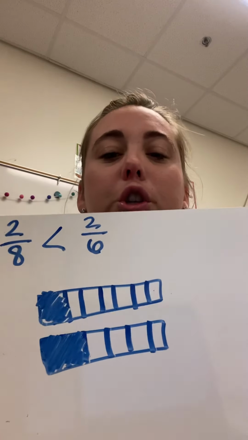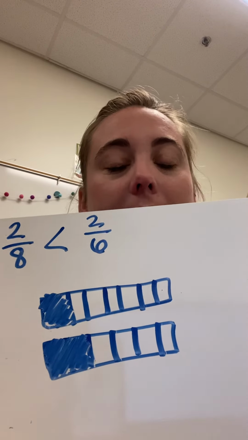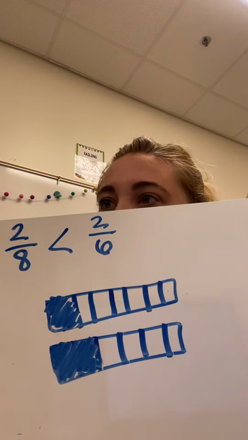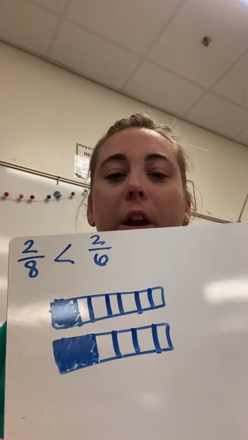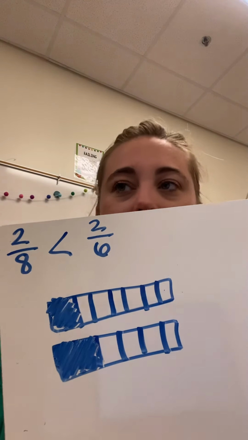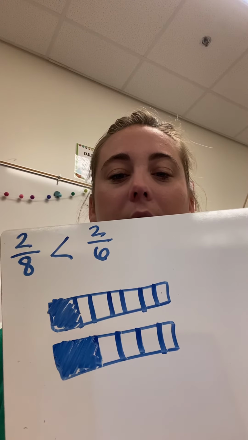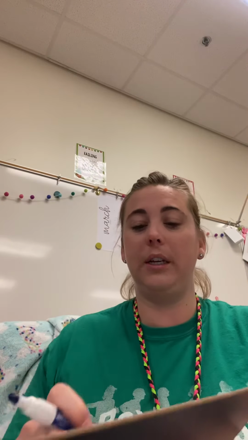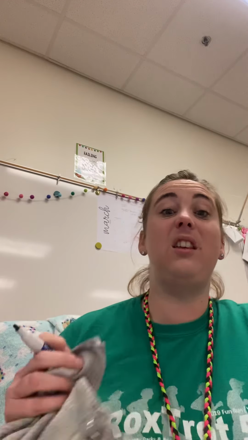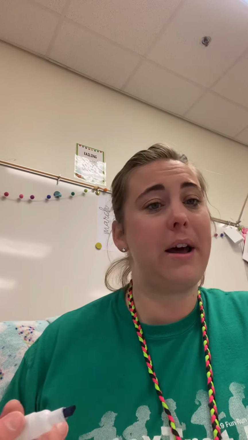Now, is 2/8 less than 2/6? Yes or no? Get up and do a jig if it is. Dance it out. Okay, I agree. 2/8 is smaller than 2/6, but we need to double check everything else to make sure that that is the only one and that we don't have a question about another one.